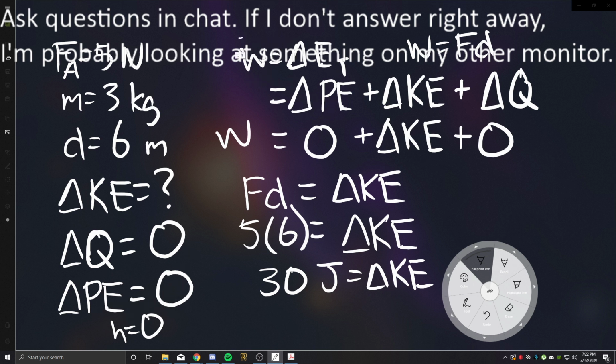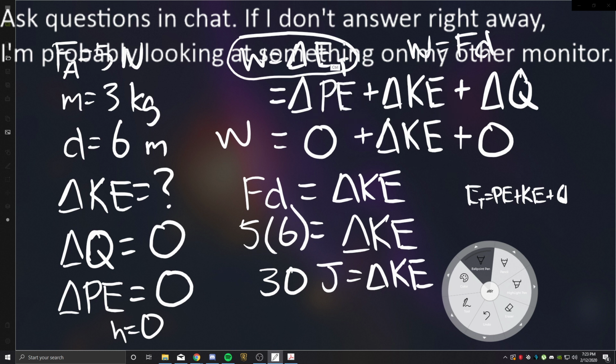So now we go to this formula right here, your work energy theorem. Work is equal to change in total energy. And on your reference table, change in total energy is change in PE plus change in KE plus change in Q. I can't write there because something to do with the tablet.